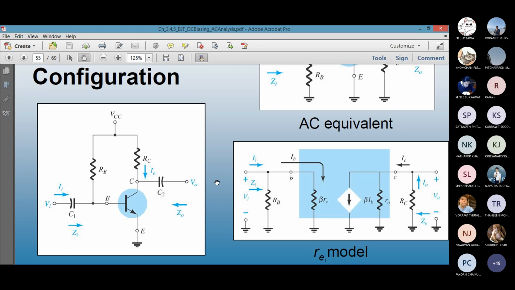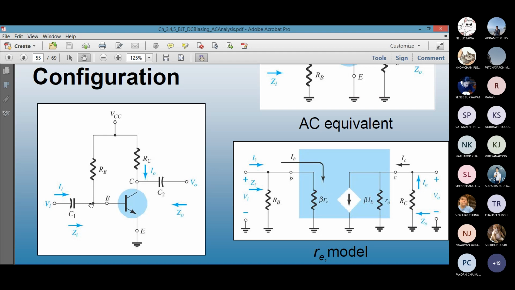You have to kill it. What is the meaning of killing a DC source? Grounding, shorting, grounding. So VCC will go to the ground through RB, as you can see. RC will go to ground on the output side, which is correct.